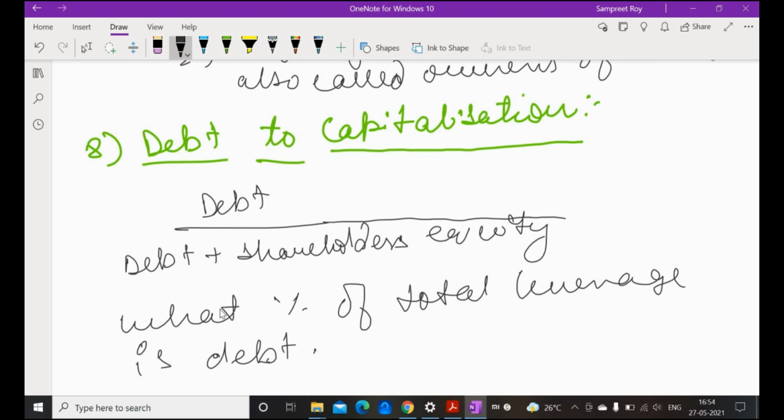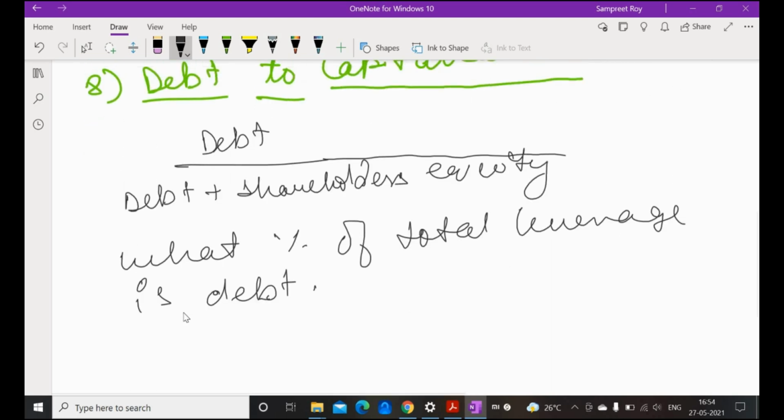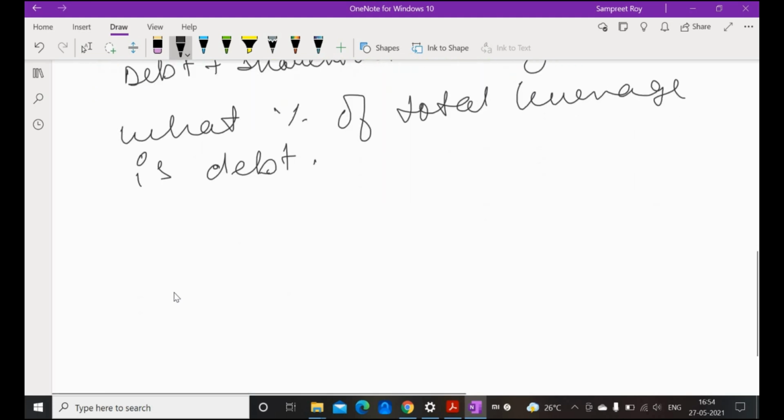Why do we need this ratio, or what is the importance? What is so important about this ratio? The importance of this ratio is the difference between debt and equity.